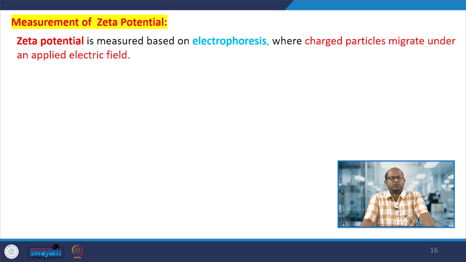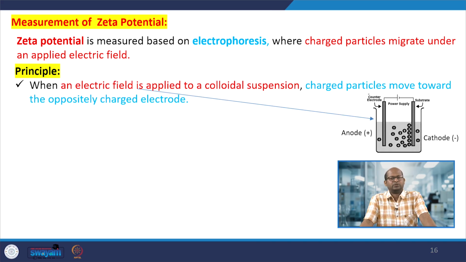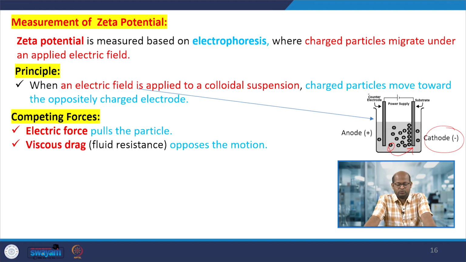Suppose you have taken a solution and two electrodes are present, and we develop an electric field in that colloidal suspension. Then charged particles will move toward the oppositely charged electrode. Suppose the solution has positively charged particles; once the field is applied, the positive charge will move towards the cathode, or negative electrode. This rate of movement we can measure experimentally.